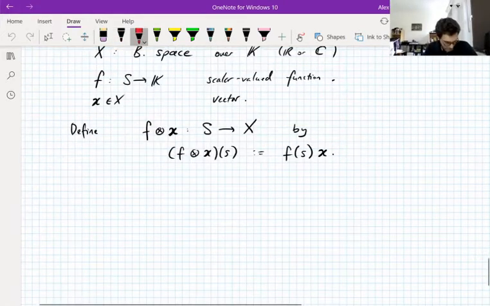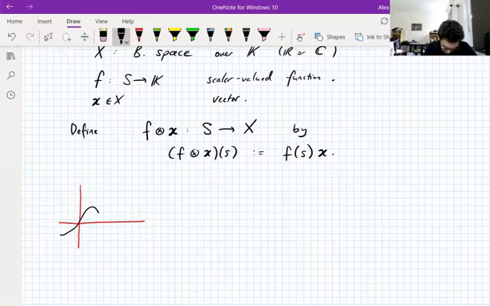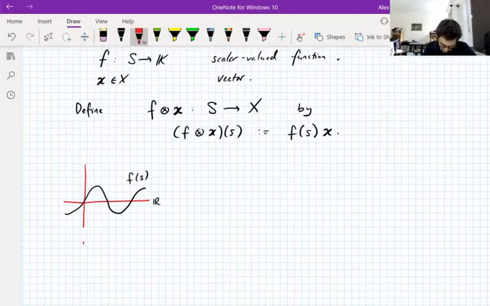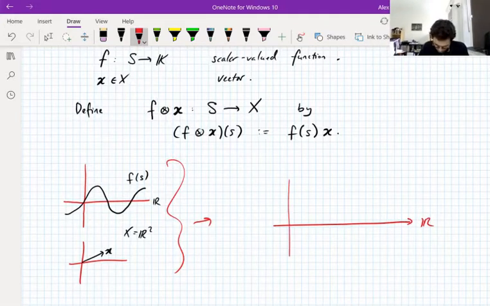I've got on my notes that I have to draw a diagram here, and this diagram is going to look absolutely awful, but I hope it can get across what this should be doing and how you can think about it. If you imagine a scalar valued function here, something like sine, and if you have, say your vector space is R2, and you have your vector x, then this is going to give you a function on R. And now the range is two-dimensional, so I have to try to draw a 2D range here, something like that.